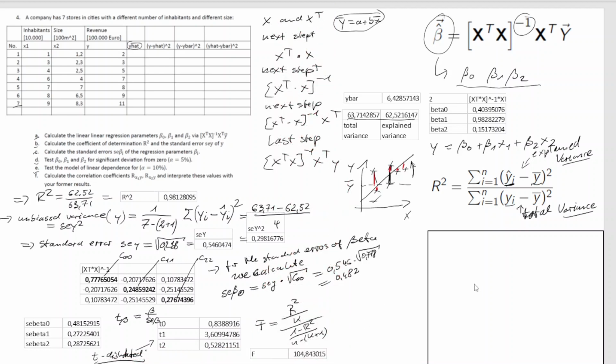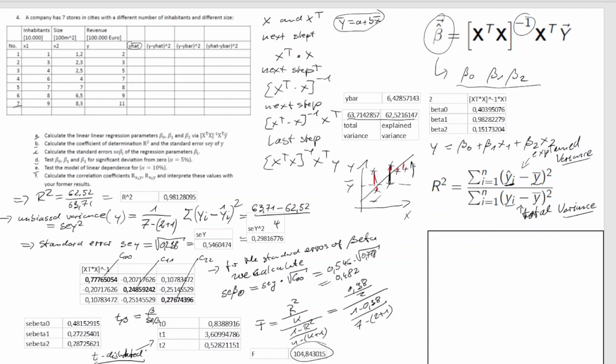And this is then 0.98 over 2, 1 minus 0.98 over 7 minus 2 plus 1. And here we have this one.